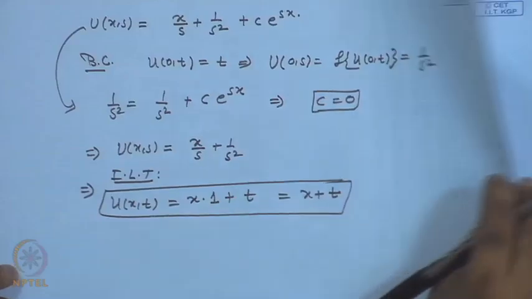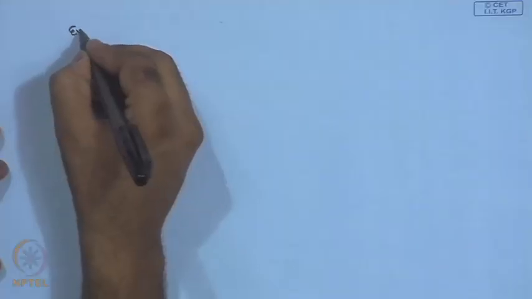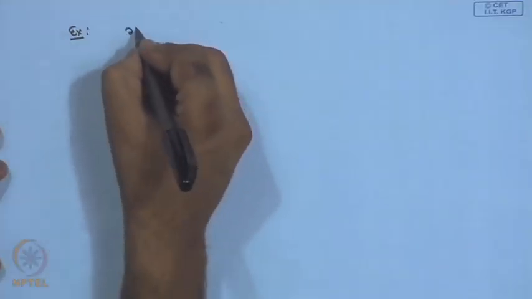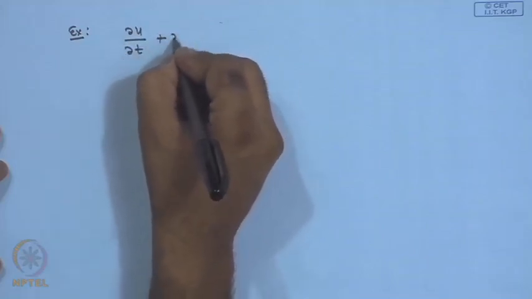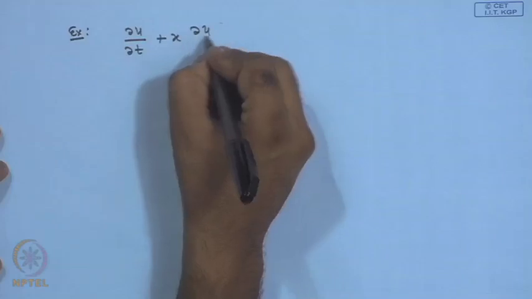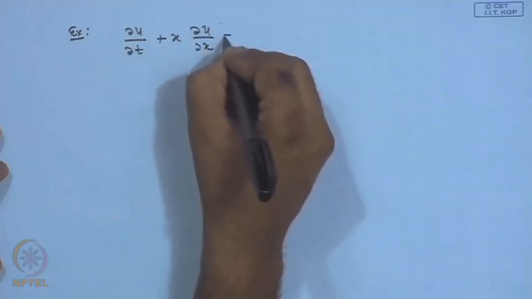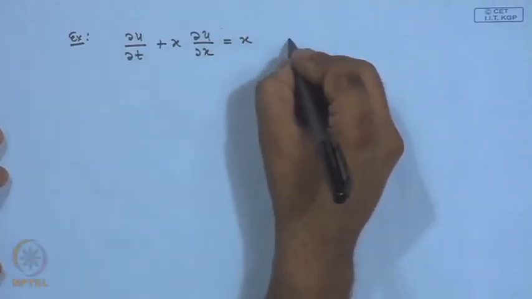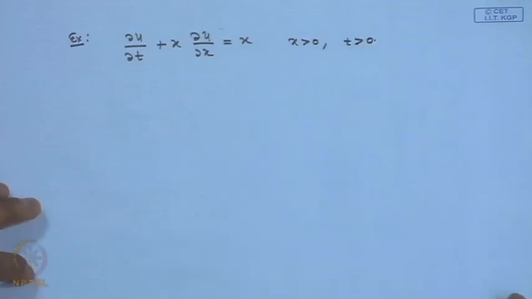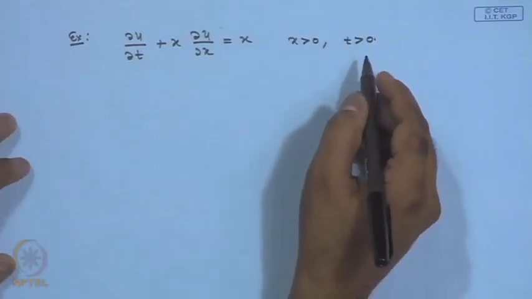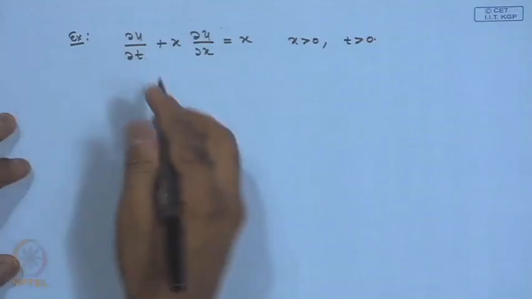Okay, so we go for another case now, and we take a somewhat more complicated partial differential equation. In this example we have del u over del t plus x del u over del x equal to x, for x positive and t positive, with the initial and boundary conditions.